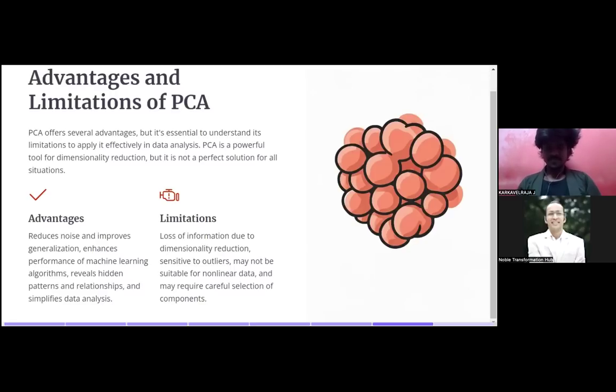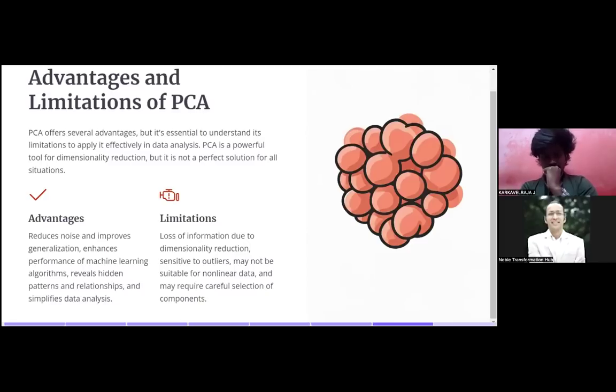So now, the advantages: reducing noise and improving generalization. That's very good. If it improves generalization, then underfitting and overfitting will be improved, so you have to understand that. It enhances the performance of machine learning algorithms and reveals hidden patterns, which is the most important job of unsupervised, or supervised, machine learning.